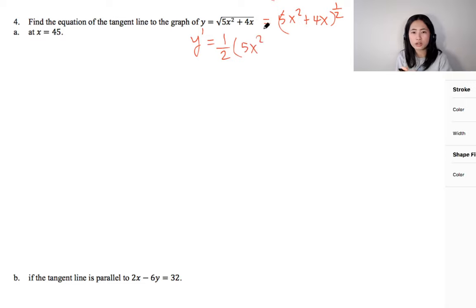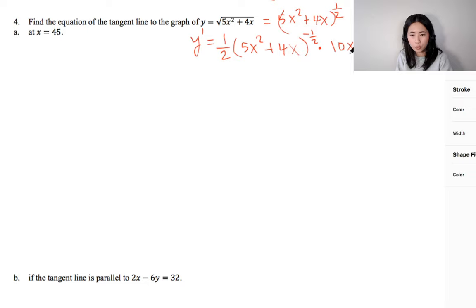Remember, we're going to literally just copy whatever we have inside the root, and then we take our exponent and subtract 1 from it, which gives you negative 1/2. Then that's the time you find the derivative of your inner term, which is 5 times 2 by the power rule, so this is times 10x plus 4.